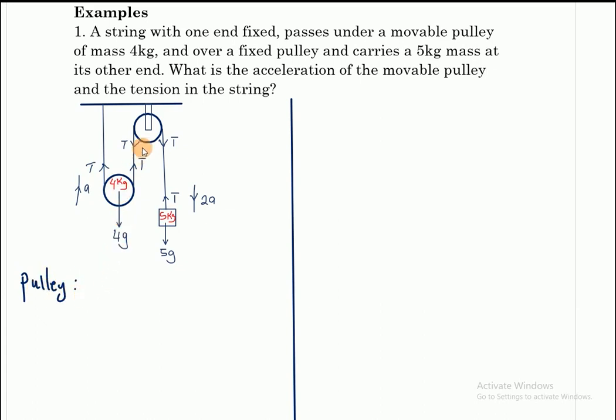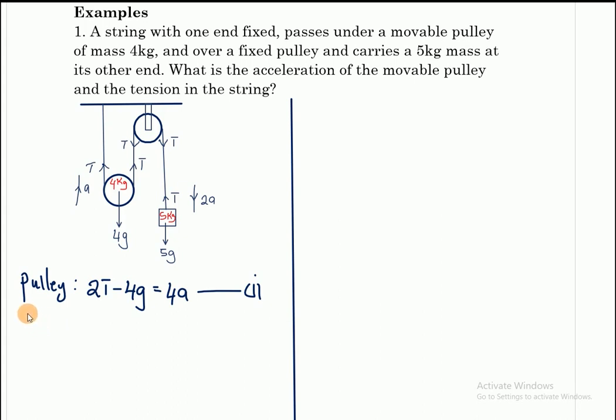If the pulley is supposed to move upwards, the tensile forces, this one and that one, are T and T. So you have 2T acting upwards minus 4g acting downwards, which should give us the mass of the body, 4, times the acceleration of the body. We can call that equation 1.